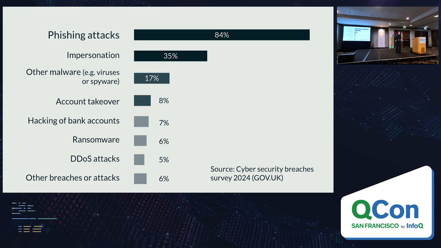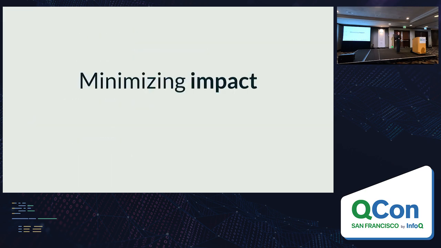Restricting our operating system or installing MDM software doesn't protect us from phishing. We know that because companies that do it get phished all the time. So maybe instead of trying so hard to protect that device and paying the productivity tax, maybe we should try and minimize the impact instead.